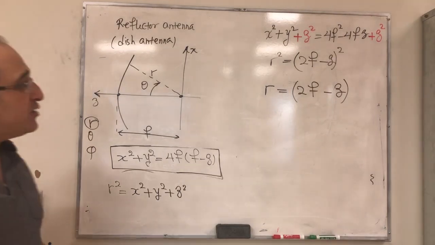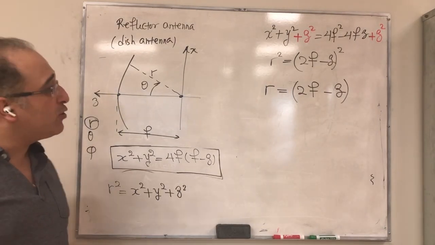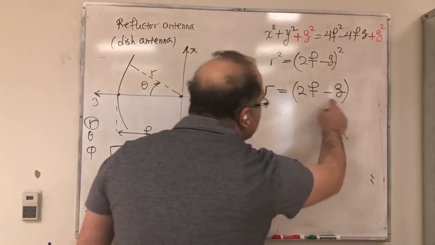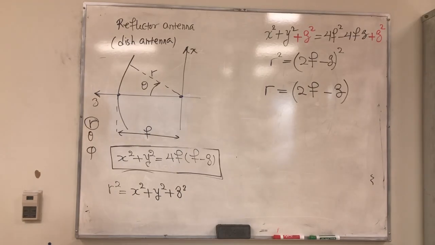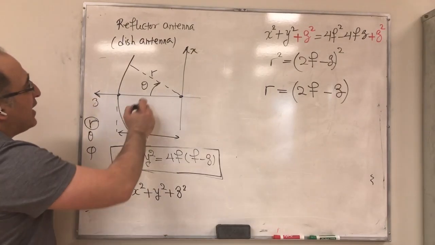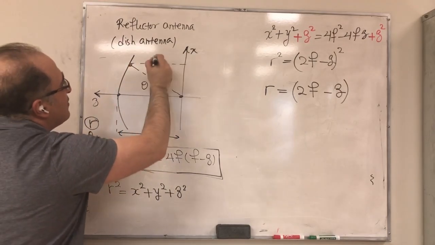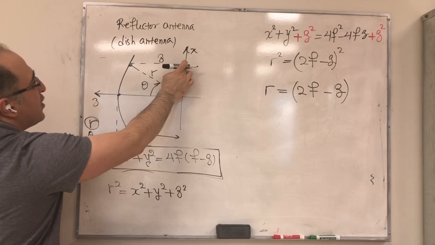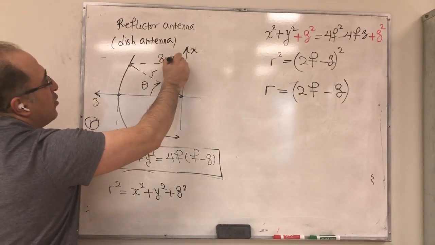This is the situation we're going to have, but this is still not a spherical coordinate because I have this z over here. So I'm going to convert that z to spherical coordinates as well. This is very easy because if you look at z here, which is this distance from here to here along the z-axis, z is r cos theta.